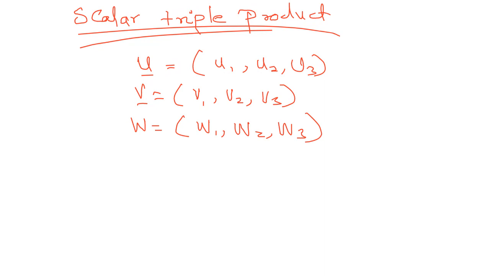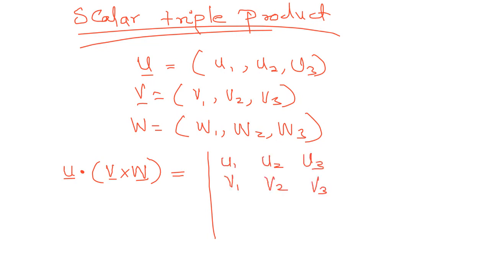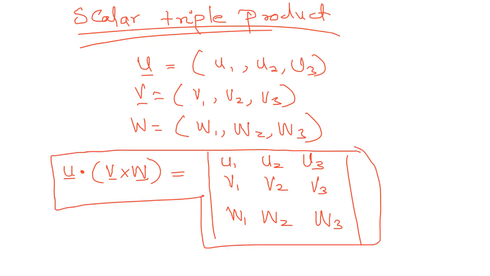Okay, and the scalar triple product is represented by u vector dot v vector cross w vector. Okay, and this is equal to the determinant with rows u1, u2, u3, v1, v2, v3, w1, w2, and w3. This is the representation of the scalar triple product. Okay, so remember this formula.